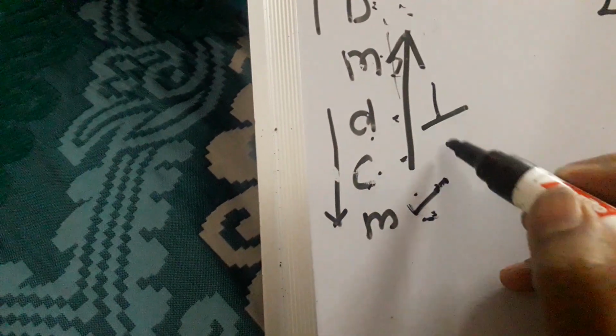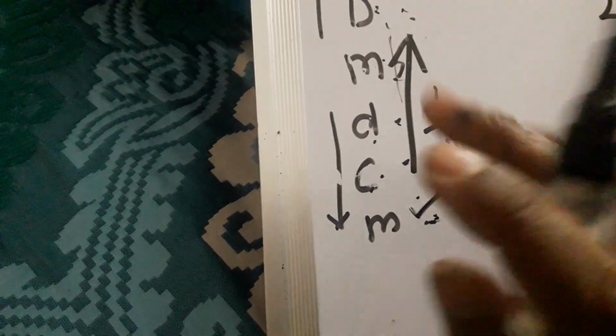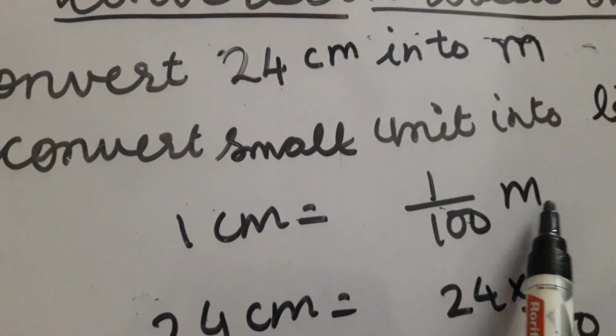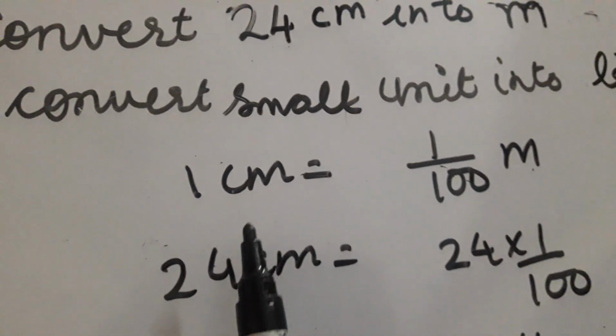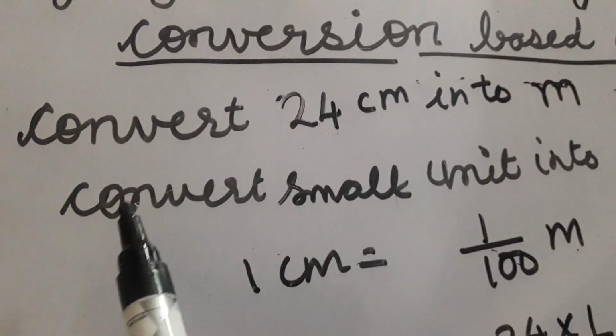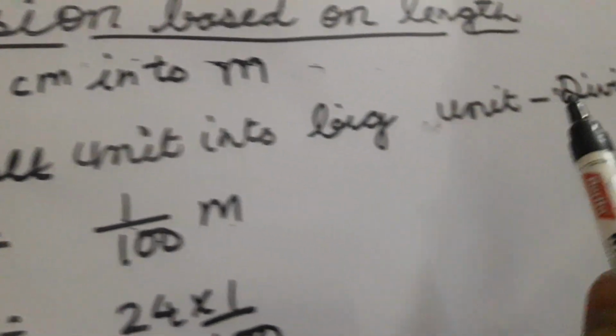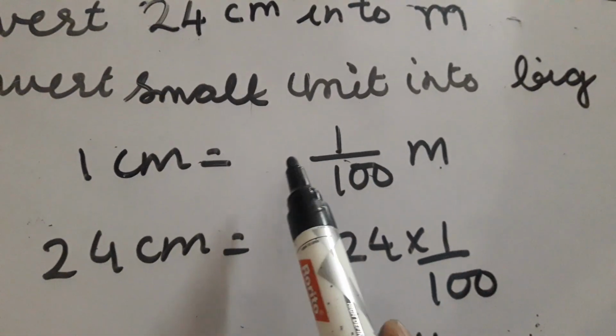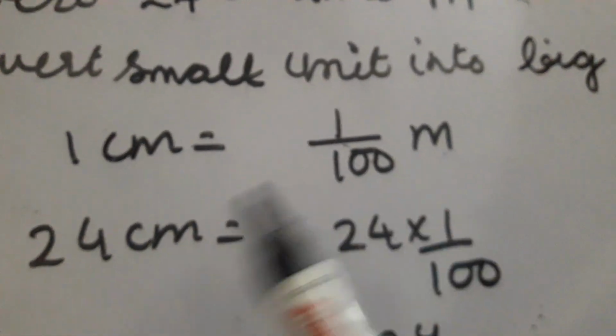Understood? Just see. 1 centimeter is equal to 1 upon 100 meter. First of all, convert small unit into big unit, divide. 1 centimeter is equal to 1 upon 100 meter.